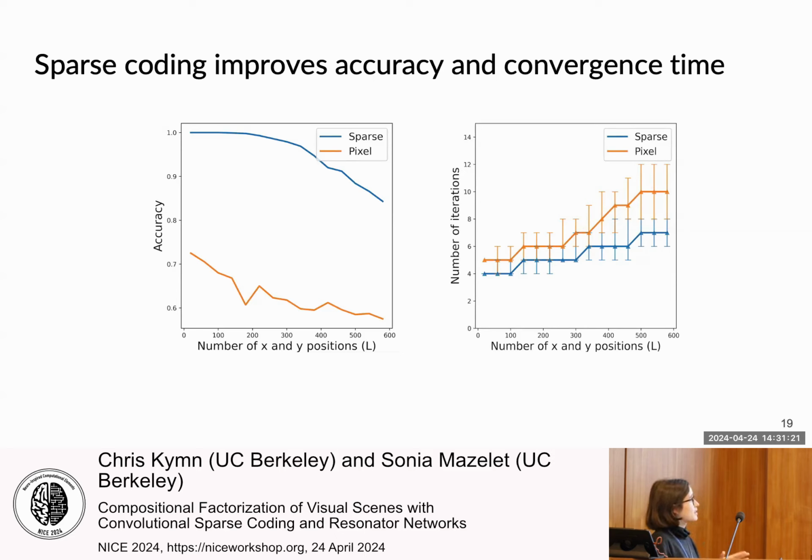Here what's important is that we fixed the HD dimension, and we could always boost these results by picking a higher dimension. But here we wanted to show that adding this convolutional sparse code step helps, for the same number of dimensions, to get a much higher accuracy level, and this for a fewer number of Resonator iterations.